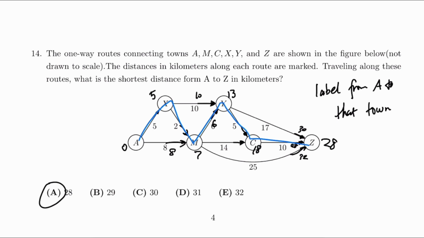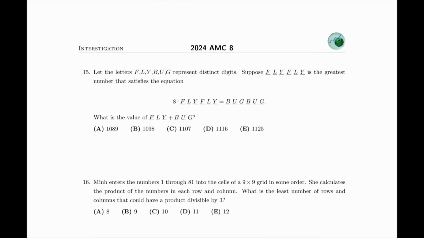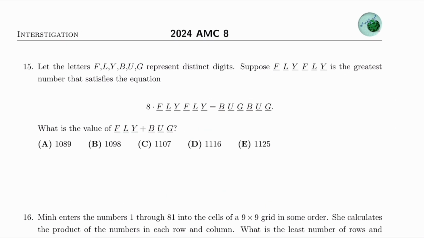But if you didn't get lucky, you might be doubting yourself whether or not this is the shortest distance, but just keeping track at every single town, the shortest distance from A, we are confident that at the end this is the shortest distance.